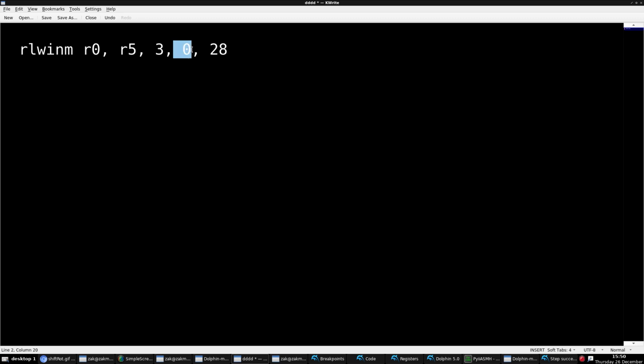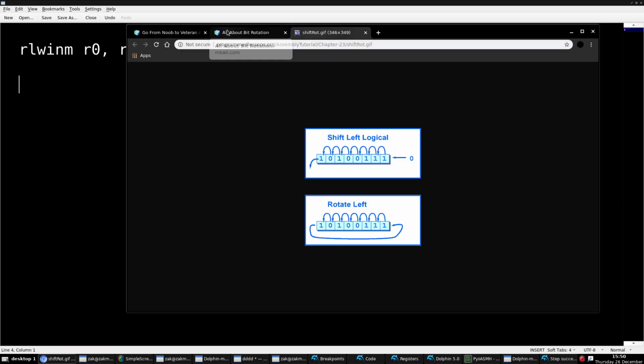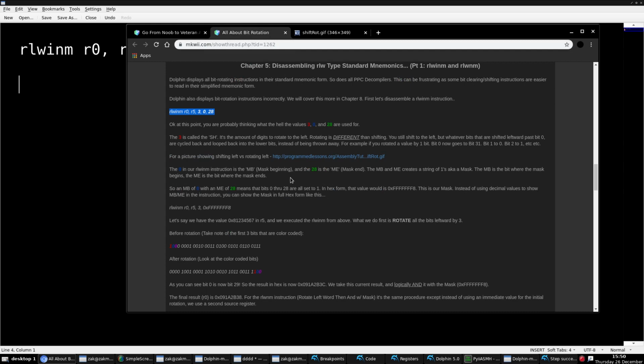So this is mask begin, MB. This is mask end, ME, mask end. So essentially, we'll just show an example really quick of what the mask looks like in hex form, or how you can visualize it, and how we can take values and rotate them and how they change. So let's just use an example without explaining too much further.